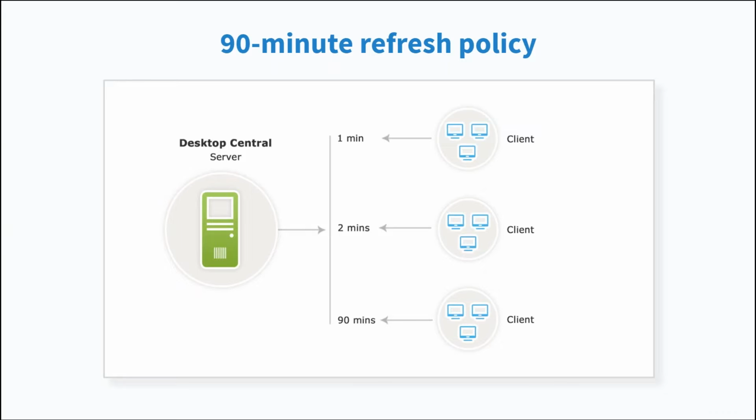Let's go with a better example here. In a network of 90 computers, for each minute, one computer will reach out to the Desktop Central Server. So let's imagine for 900 computers, for a minute, 10 computers will reach the server, and for a larger network, like 9,000 machines, 100 machines will reach the Desktop Central Server. Using this feature, we ensure hassle-free communication from agent to the server.